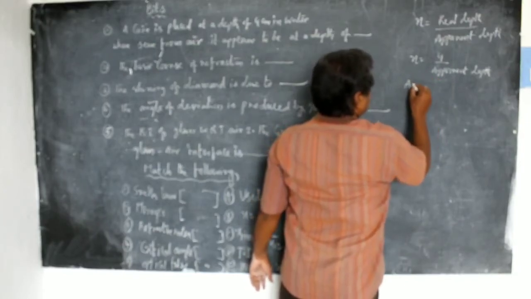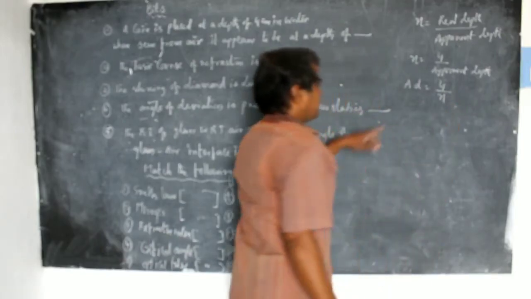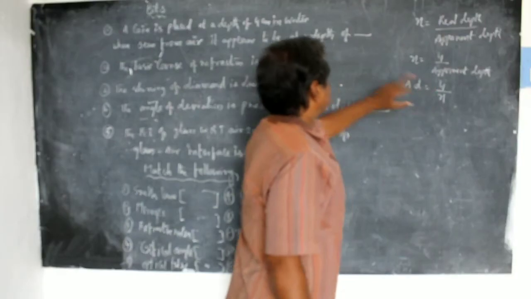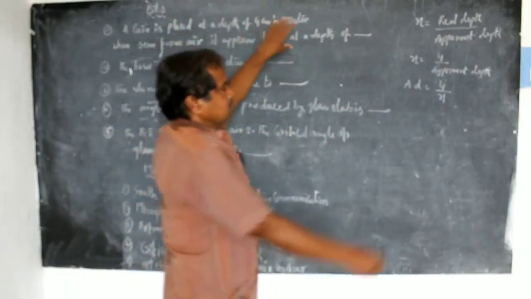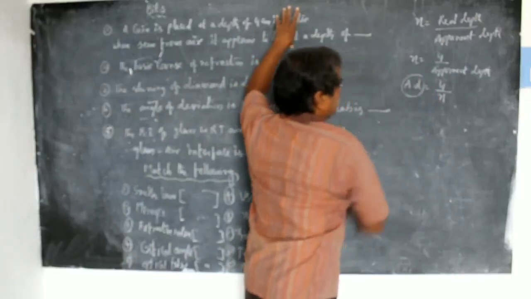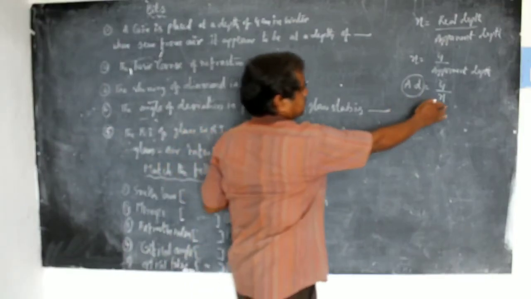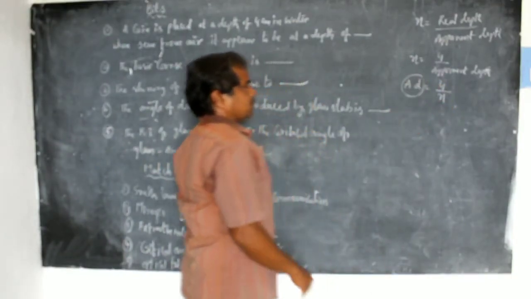By cross multiplication, apparent depth is equal to 4 by n. If we know the value of the refractive index of the medium used, it is very easy to find the apparent depth, 4 by n. If it gives any constant value, we substitute that value here and get the apparent depth.